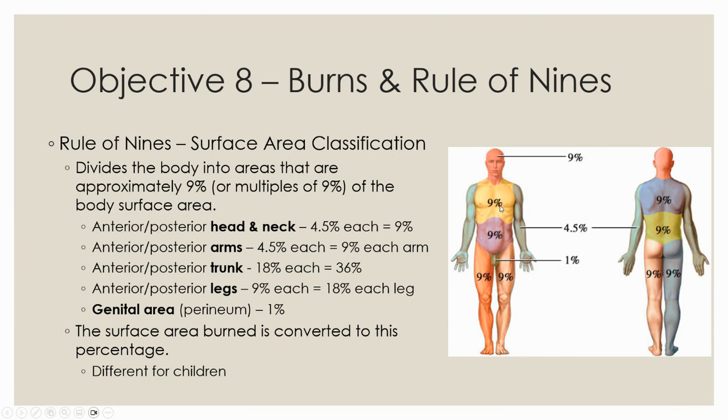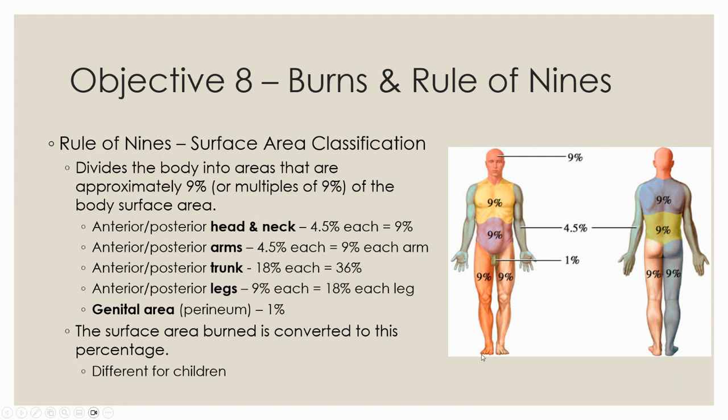The trunk, you could further break it up into the thoracic and abdominal, but essentially you've got 18% on the front of the trunk, and you've got 18% on the back of the trunk. That's going to give you a total of 36%. And then you have your legs, so the front of your legs is 9% each, the back of your legs is 9% each, for a total of 18% each leg.